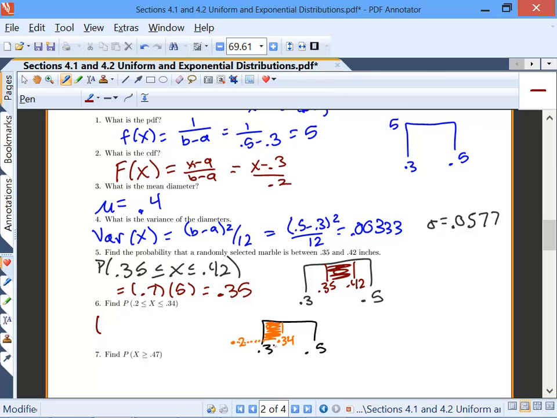So my width goes from 0.3 to 0.34, so that gives me 0.04. Oh, let's come back up above. What is the actual difference between 0.35 and 0.42? 0.07. So 0.07 times 5 is still 0.35. So on this next one, I go from 0.3 to 0.34, which gives me a width of 0.04, and my height has to be 5, so 0.2.